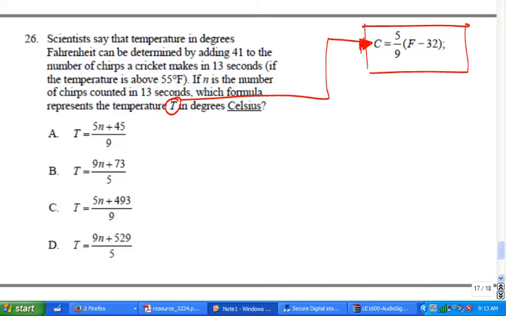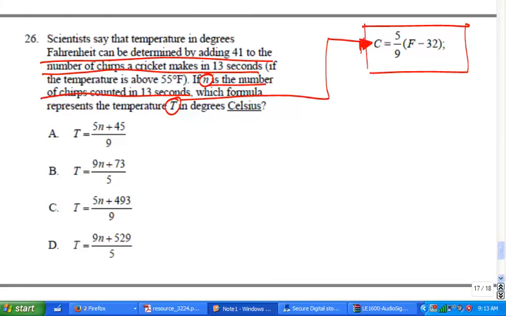Well, let's start with the facts, right? Scientists say that the temperature in degrees Fahrenheit can be determined by adding 41 to the number of chirps a cricket makes in 13 seconds. And more than that, they're telling us that n is the number of chirps counted in 13 seconds.